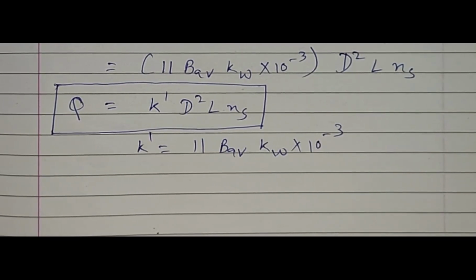The larger the value of output coefficient, the smaller is the size of the machine. And lastly, the output coefficient is larger if the machine is designed at higher specific magnetic and electric loading, which ultimately results in reduction of size and cost of the machine.